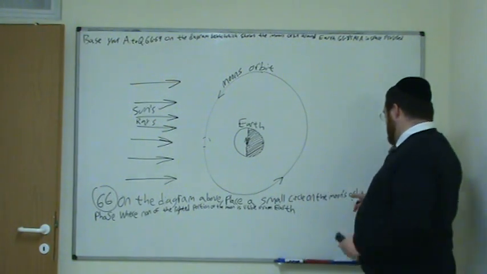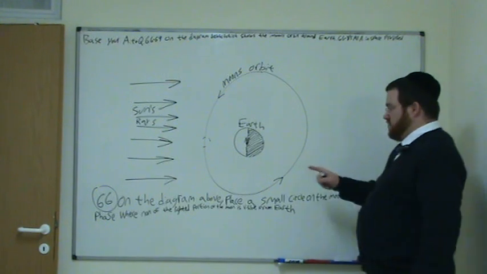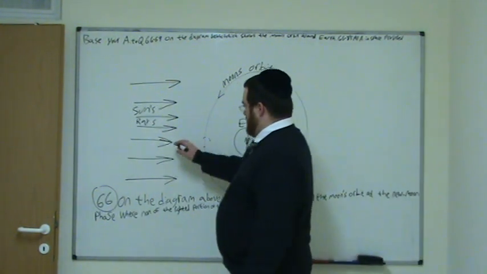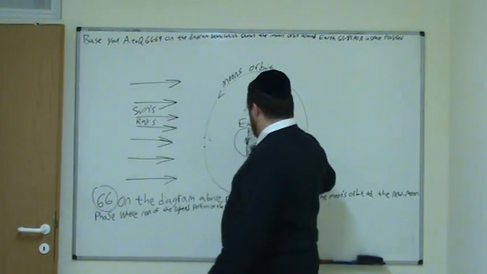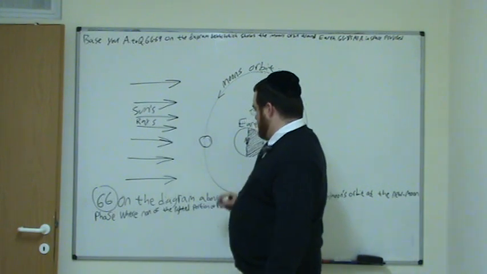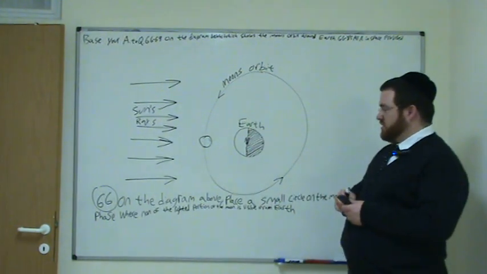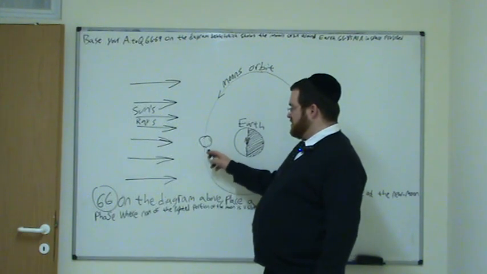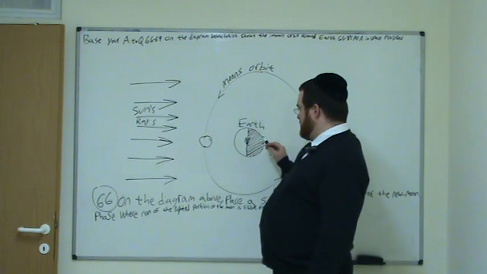So place a small circle on the moon's orbit at the new moon phase where none of the lighted portion of the moon is visible by the earth. That's right over here, straight towards the sun. In the middle of it, put a circle, and that's the answer to question 66, because the sun rays are going on this side of the circle, and the dark side is facing the earth.